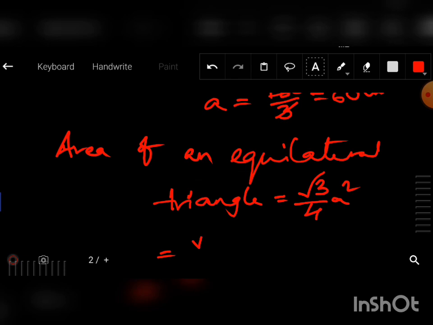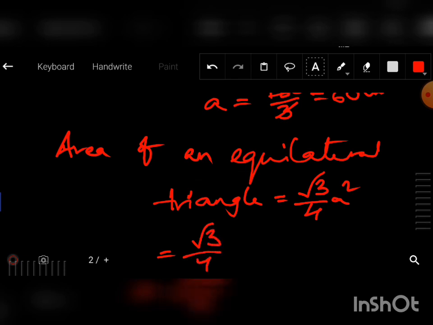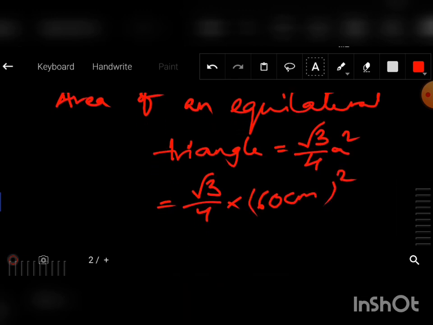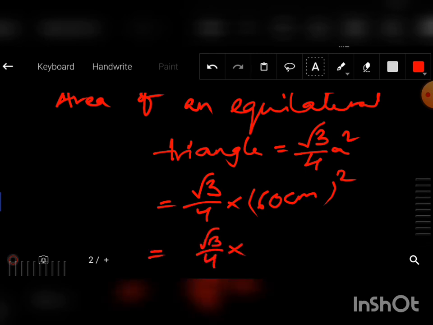Now root 3 by 4 into a value we already know, that is 60 centimeters whole square, equal to root 3 by 4 into 60 centimeter into 60 centimeter.